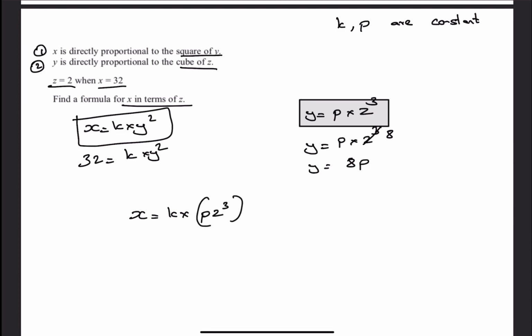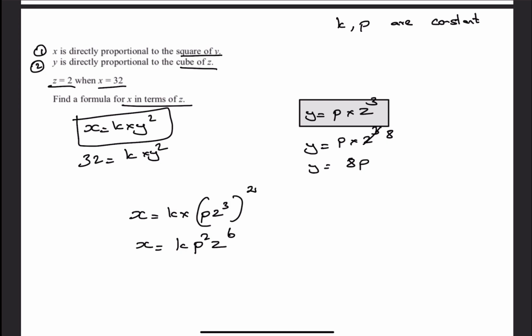But that is y, remember, pz cubed is y, so you square that because it says y squared on the side. So x is equal to k p squared z to the power 6. But can you see, I need to know what kp squared is, otherwise it's in terms of not only z but also k and p.